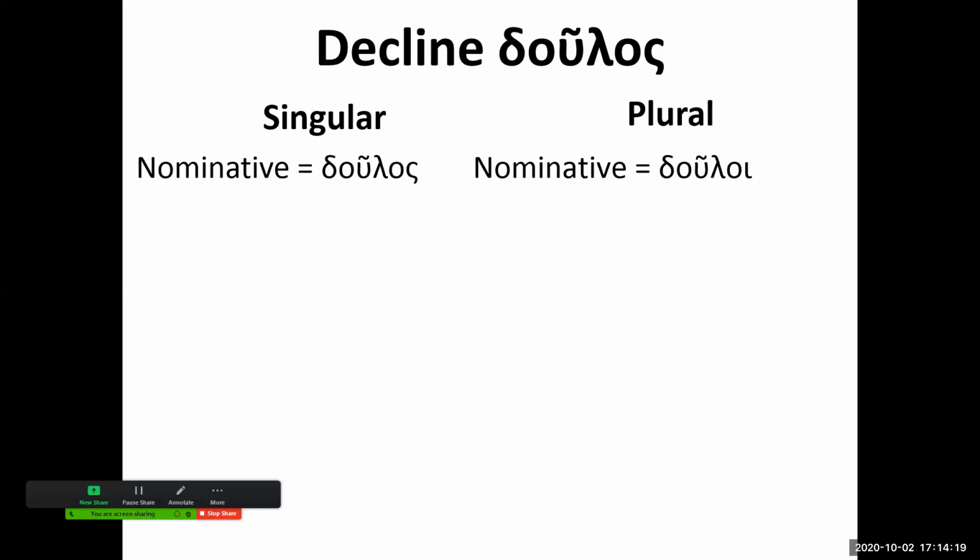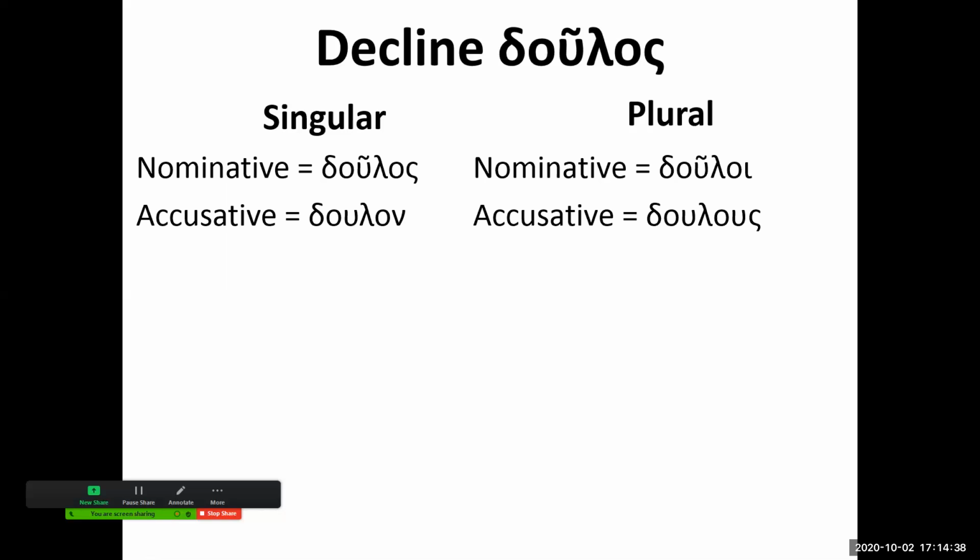Then you'll give the vocative case. Sorry, it's not there. Sometimes we leave it off because it usually looks the same as the nominative case. In the accusative case, doulon, and the plural, doulous. Echō doulon. Echō doulous. I don't have slaves, by the way, just using a sentence.